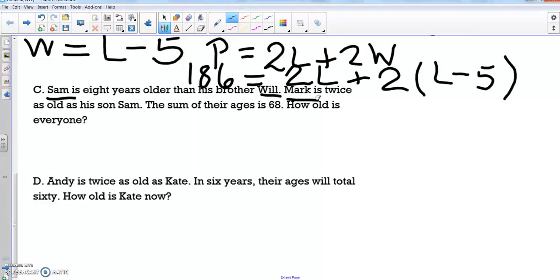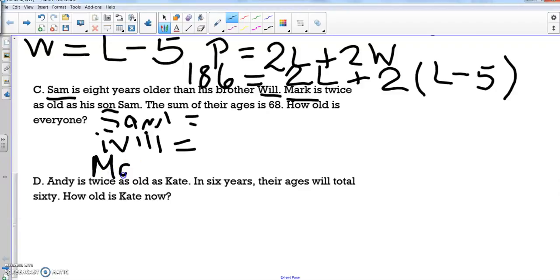It looks like I got 3 people and I need to know how old they are. We got Sam. We got Will. And we got Mark. Sorry, that's not great writing, but there we go. So Sam. What do I know about Sam's age?